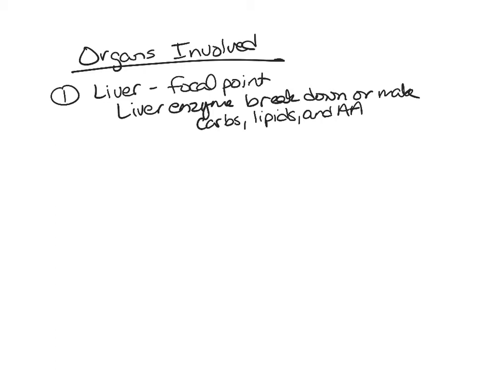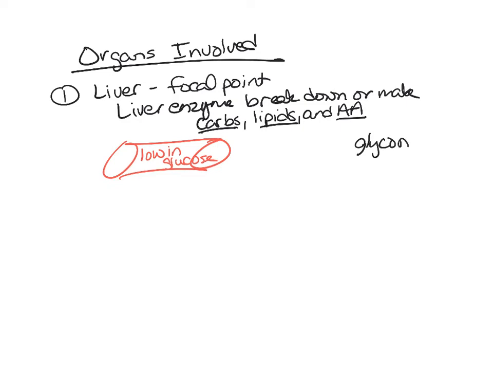There's an extensive blood supply going to the liver, and the liver will determine what quantity of carbohydrates, lipids, and amino acids are in the blood, and then they can monitor and adjust those nutrients accordingly. So for example, if the blood supply coming to the liver is low in carbohydrates, low in glucose, then the liver has the ability to break down glycogen into glucose and release that into the blood.